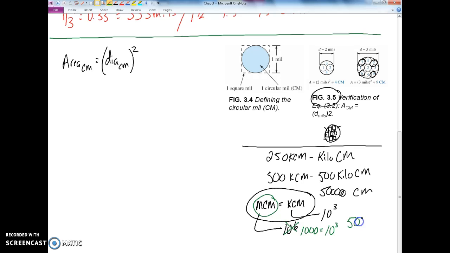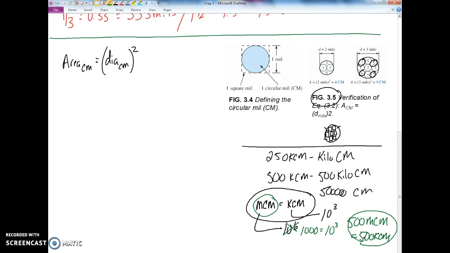So 500 MCM is also equal to 500 kcm. I won't quiz you on that, that would be kind of mean, but if you get into the National Electric Code and into my world in the future, you become aware of that little thing right there.